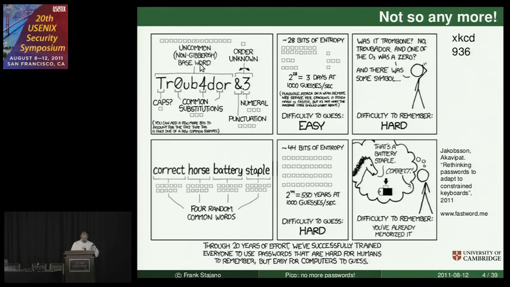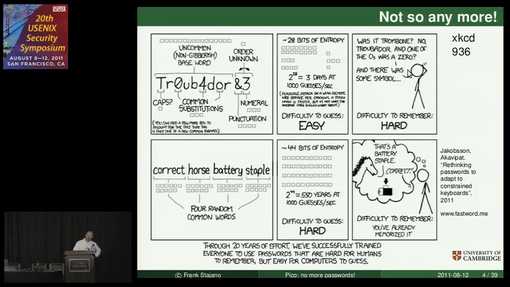He makes an uncommon non-gibberish base word, makes some substitutions of 0 for O and so on, adds a symbol and a number because you're told to do that, and all these little squares are the bits of entropy that you gain by doing all these various things, capitalizing this and so on. And then he computes how much entropy you get out of doing all this. Not that much. And so it's easy to guess this password.